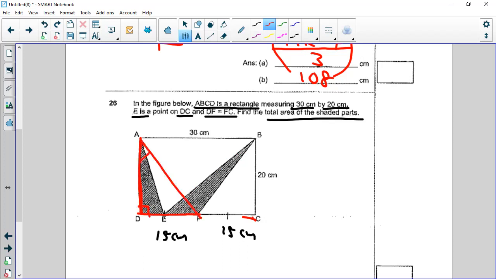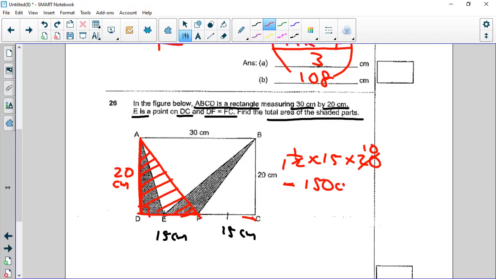And this right angle triangle is the same area as the two shaded triangles. So how do I find the shaded parts? I just take half times 15 times 20, divide by 2, and I will get 150 centimeters square, which is the shaded part. One step.